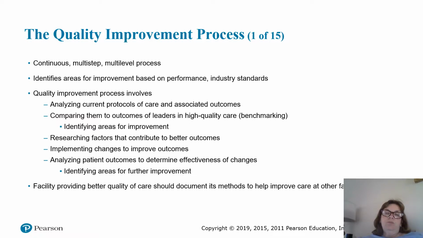Then analyze patient outcomes to determine the effectiveness of changes after the change is made, and identify areas for further improvement. The facility providing better quality care should document the methods and then share them. And that's what we were talking about in the earlier voiceover PowerPoint. That's why there are national organizations, because they will share what's worked for their facilities.